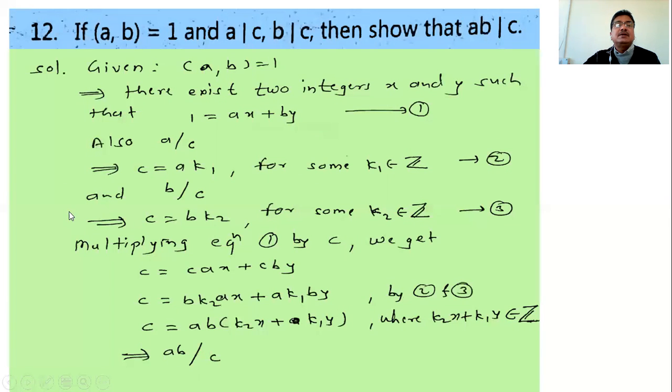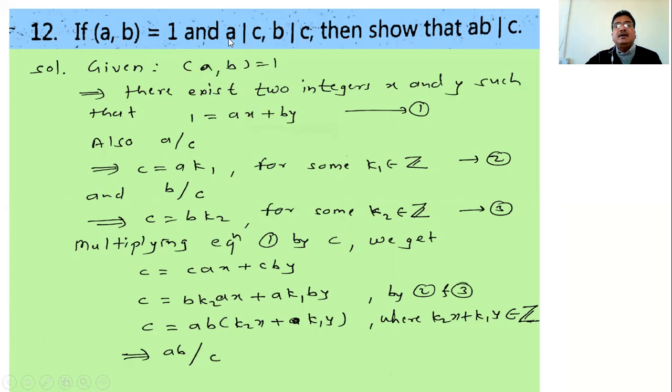Same type of example: the greatest common divisor of a and b is 1, and a divides c and b divides c, then we have to show ab divides c. So what is given? The greatest common divisor of a and b is 1. So there exist two integers x and y such that 1 is equal to ax plus by. That is, 1 is expressed in the form ax plus by.